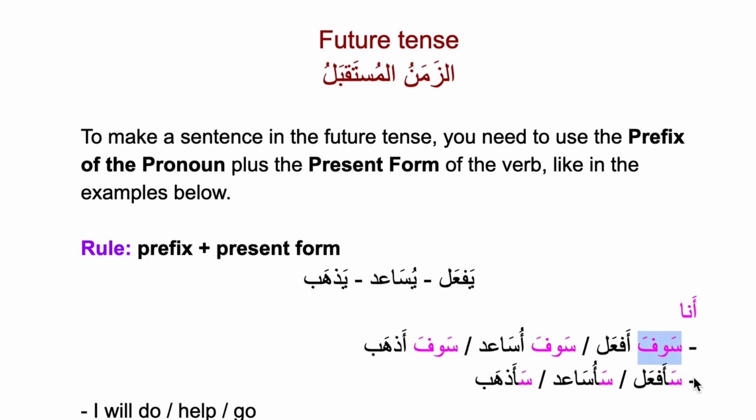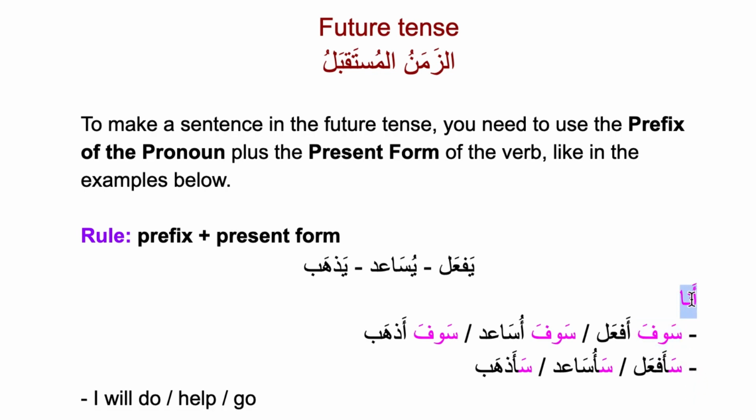For example, ana is I. And if you want to say I will do, then you can say either sawfa af'al or sa'af'al. Those are two different forms with the same meaning. So it's up to you which one you use. Sawfa means will in English, and it's always followed by a verb.